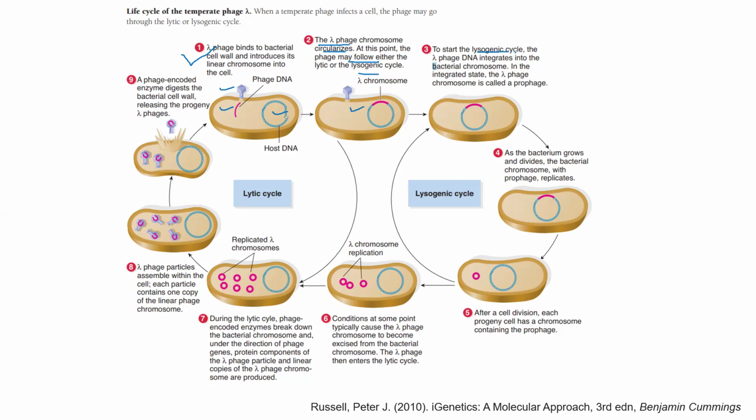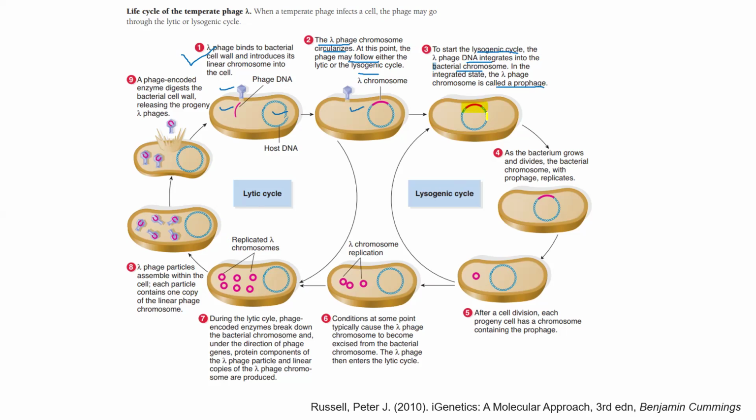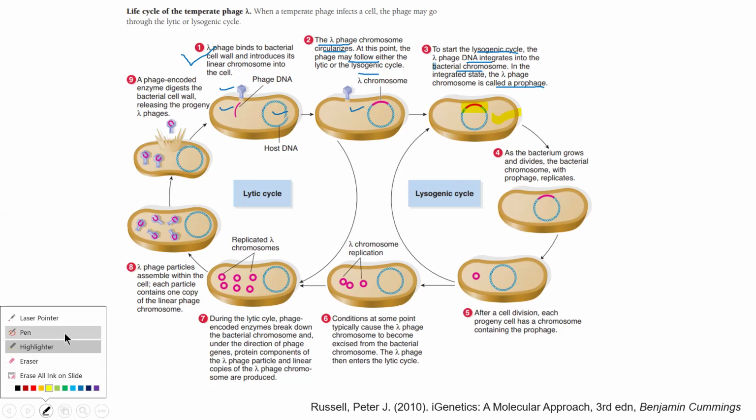Let's say the phage undergoes a lysogenic cycle where the lambda phage DNA integrates into the bacterial chromosome, and in the integrated state, the lambda phage is called the prophage. Here, the lambda phage's genome is integrated into the host genome. As the bacterium grows and divides, the bacterial chromosome replicates along with the prophage.